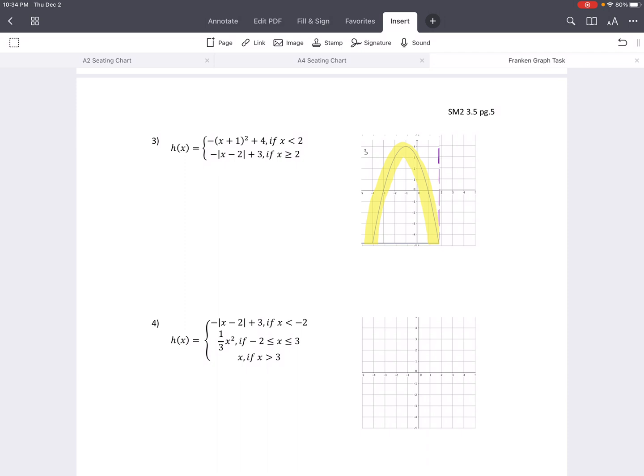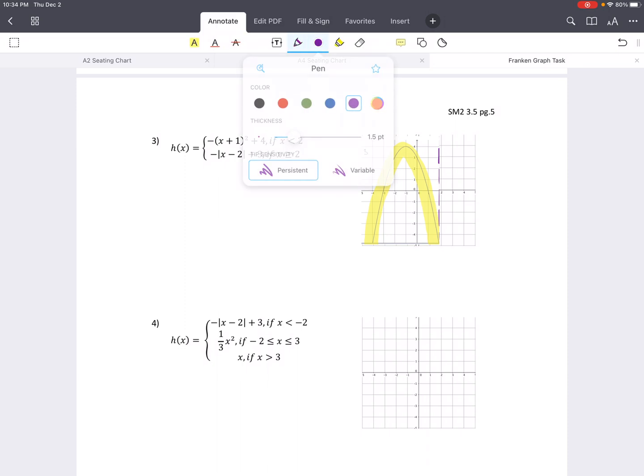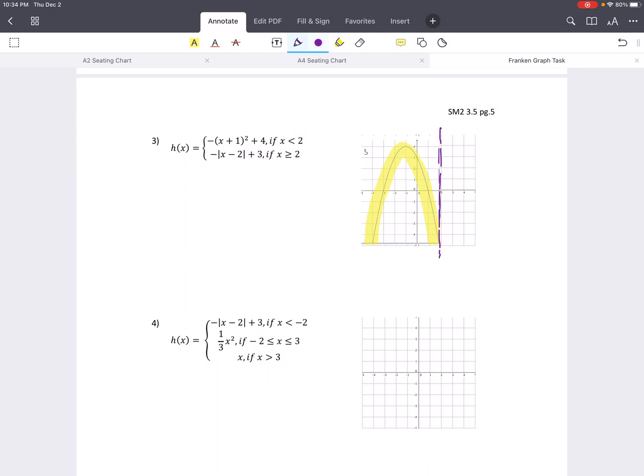Already drew in my boundary on that one. So that was this little fellow right there for the less than 2. And because it's just less than, we would have an open circle here.